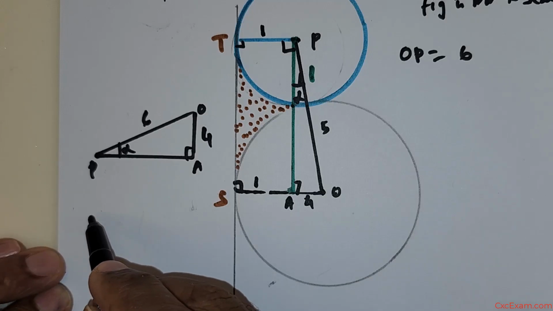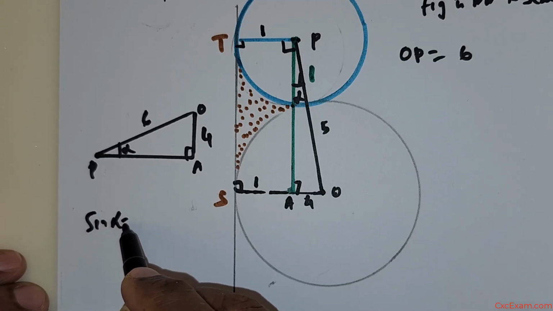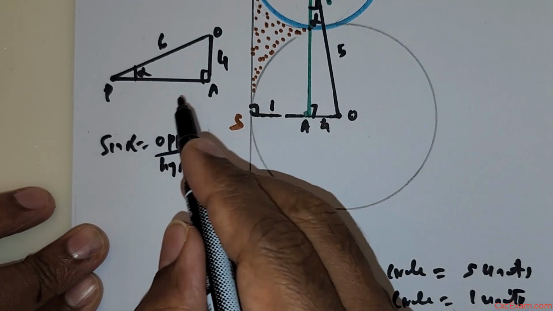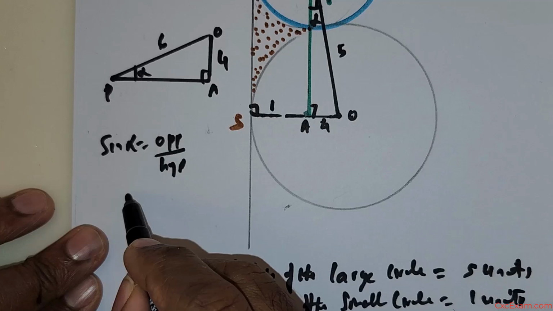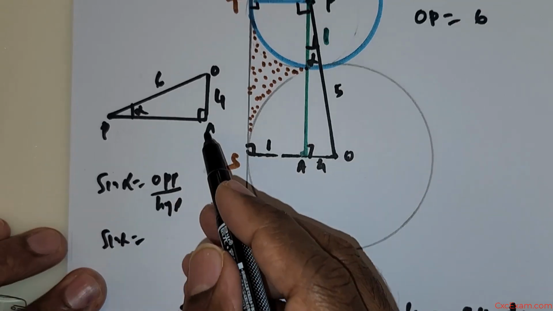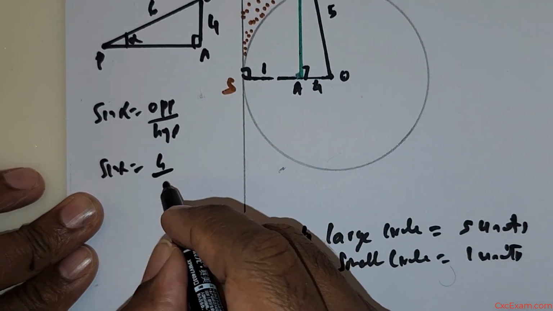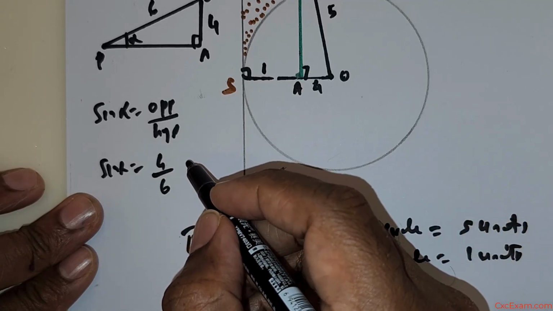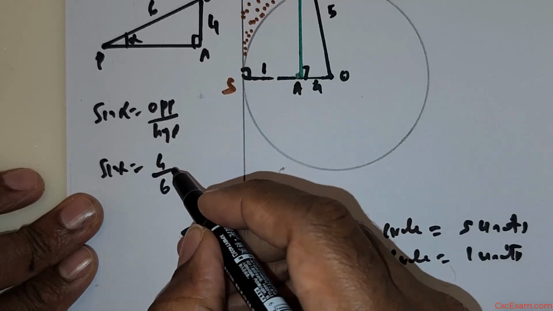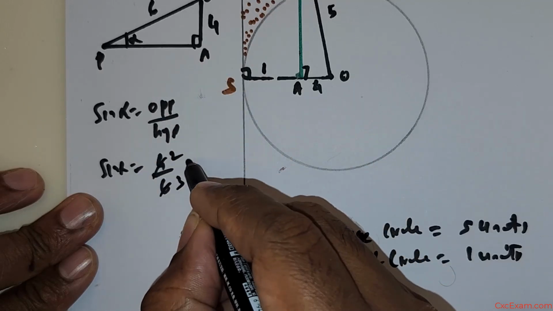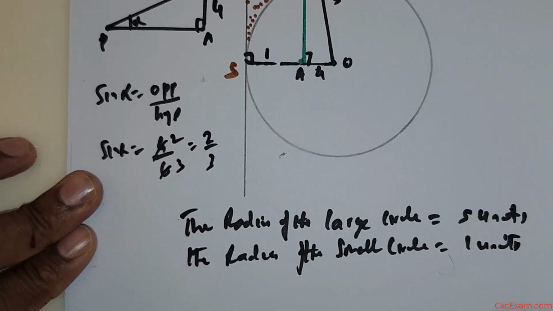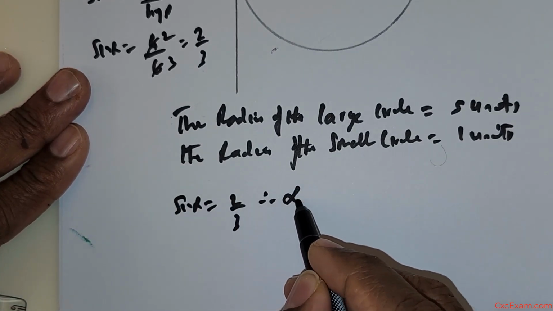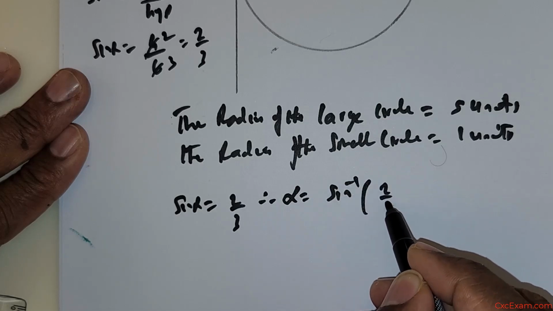So we have this trigonometrical property. What is that? Sine alpha is opposite side by hypotenuse. So sine alpha is equal to opposite side, which is 4 units divided by 6, right? So 2 times 2 divided by 3 times 2, so this is 2 over 3. So I got sine alpha is 2 over 3, therefore alpha is equal to sine inverse of 2 over 3.